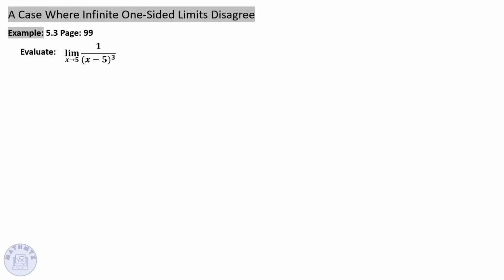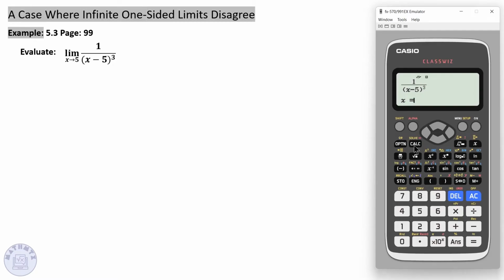Let's study another example. Find the limit when x approaches 5 for this function. The easiest way to solve this is using your calculator, where we use the numerical approximation method. Just write the expression and then hit calculate. From the right side, you have 5 zeros and then 1.